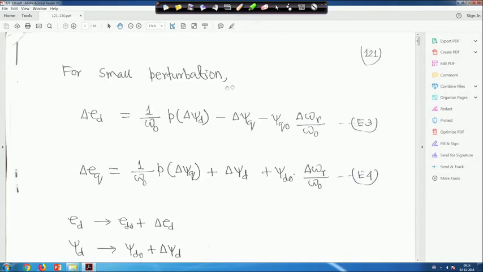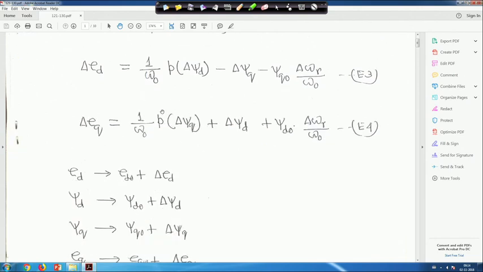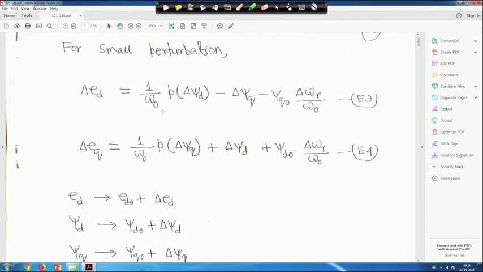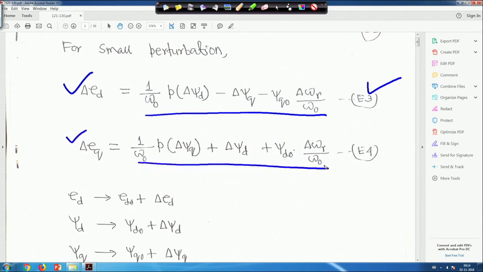So, for small perturbation, whatever I wrote previously, the delta E d will be this one, this is equation E3. Similarly, I wrote for delta EQ, it will be this one.